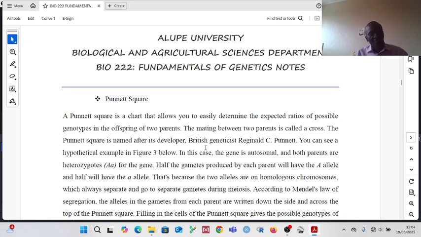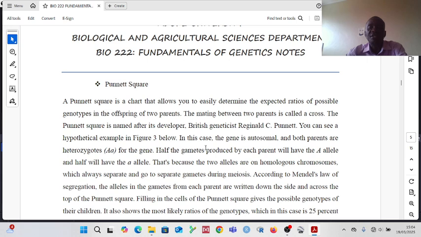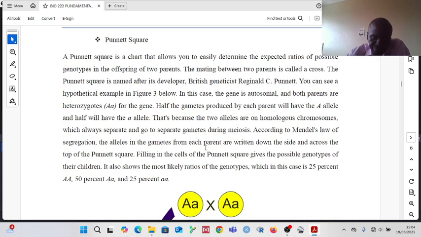But let's now move to the Punnett square. I'm sure you must have been taken through it in high school. It is a chart that allows you to determine the expected ratios of the possible genotypes when 2 parents give offspring.